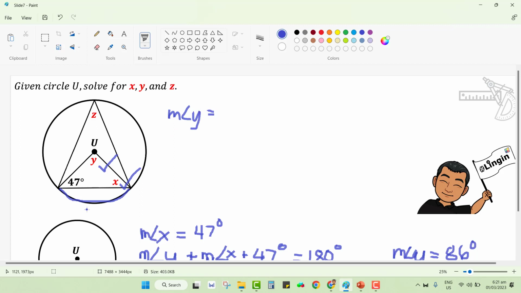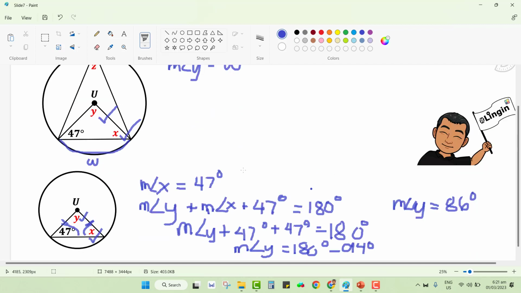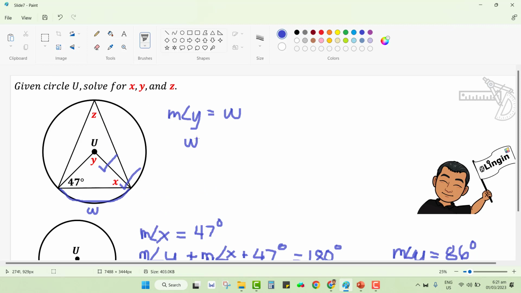Let's label this with another variable so that we could use it later on. Let's say W. As for a central angle and its intercepted arc, they are just equal to each other. So since the measurement of angle Y is 86 degrees, the value of the arc, which we label as W, is also 86 degrees.